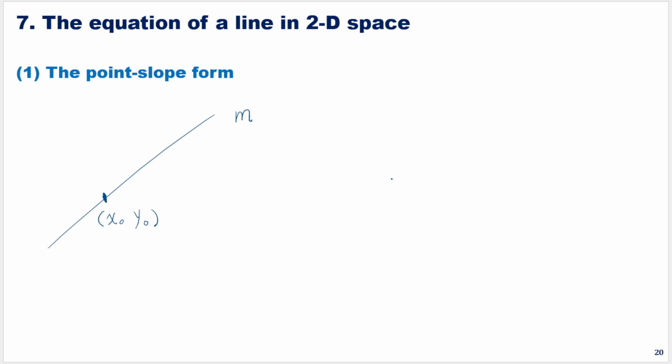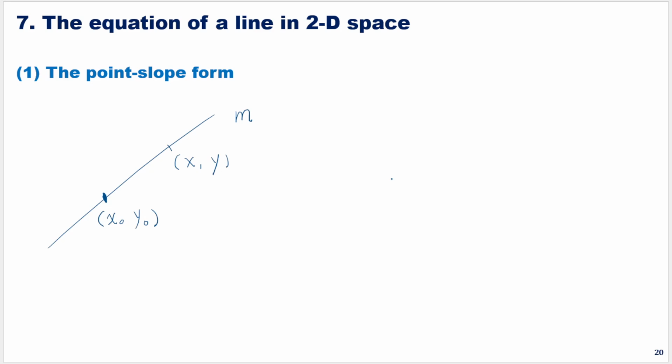For any point on the line, suppose we choose any arbitrary point and let this point be x, y, then we could establish the relationship between x and y using the slope, right? Because any point that is on the line has the same slope with respect to the given point x naught, y naught, right?